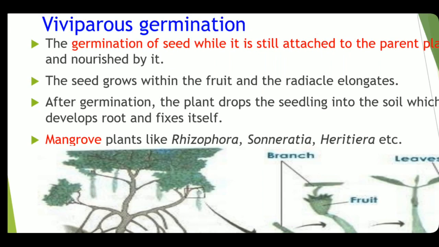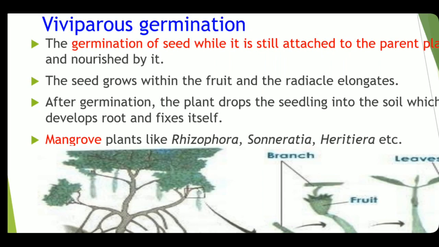In marshy places the soil is fine and heavy, so if seeds drop on that soil, there may be a lack of air. The seeds do not get proper air for respiration, so the seeds cannot germinate.